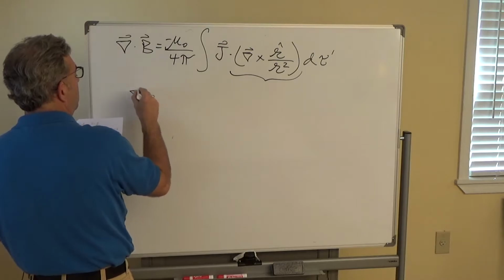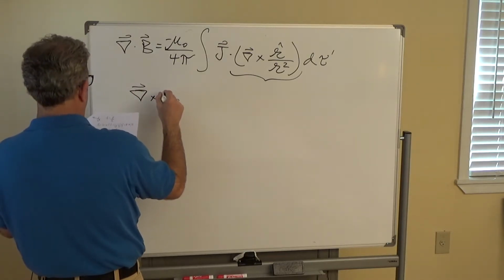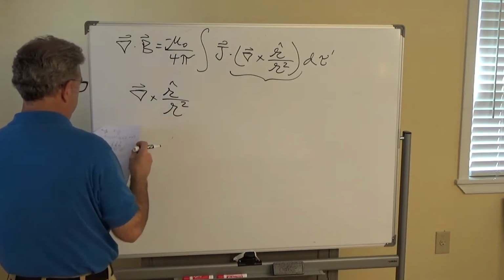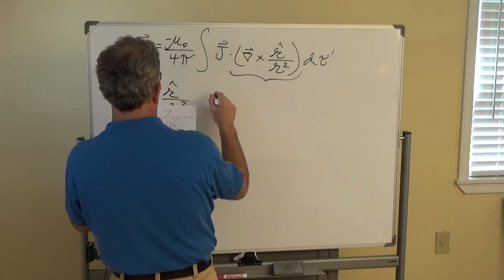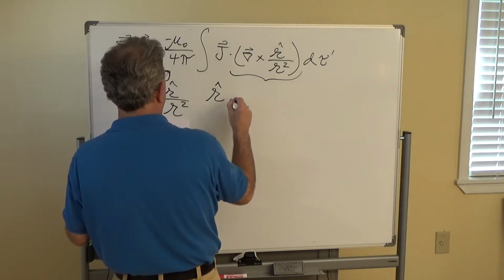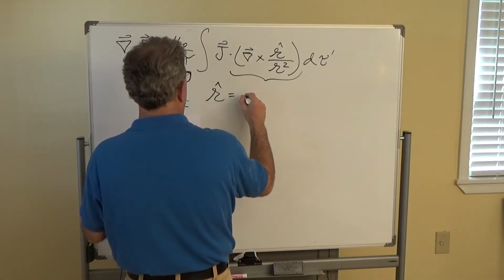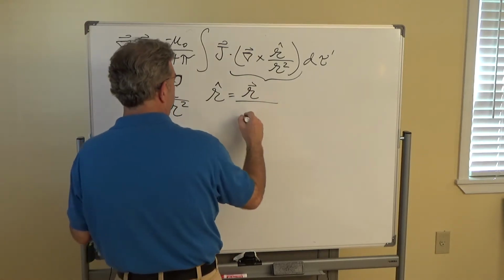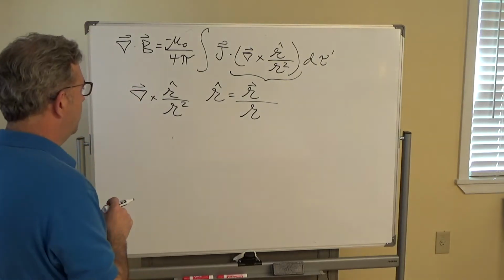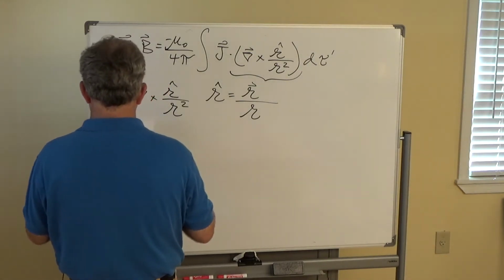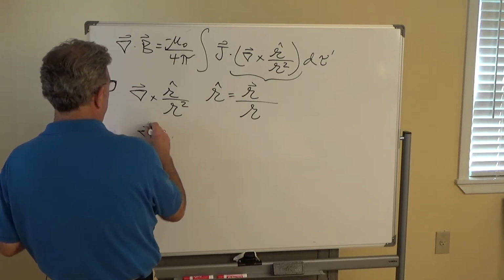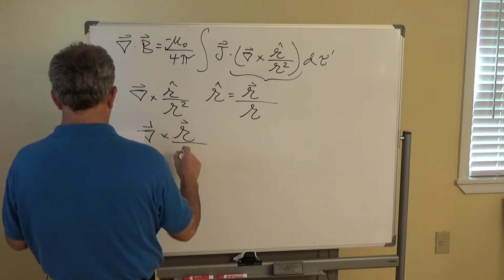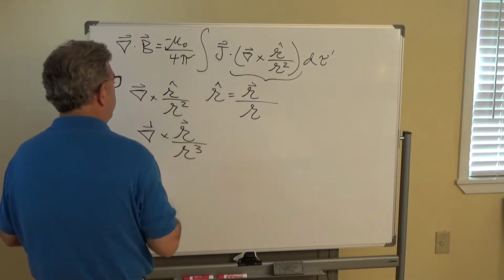Script r hat is equal to script r as a vector over its magnitude, so you have del cross script r vector over r cubed.